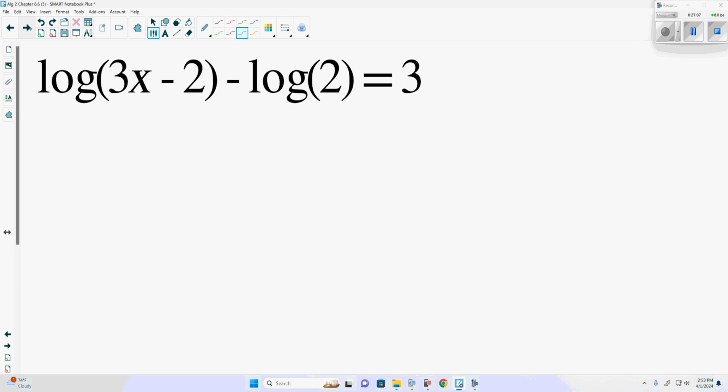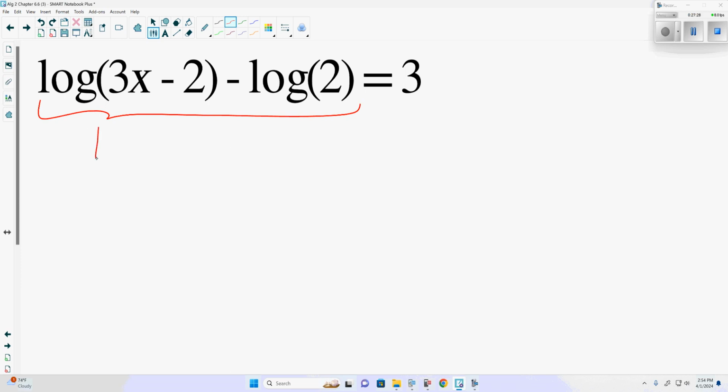Questions on this here? I think we should feel pretty good with plus, because it didn't add too much to it. Just the fact that we rewrite them as a product. Subtraction.